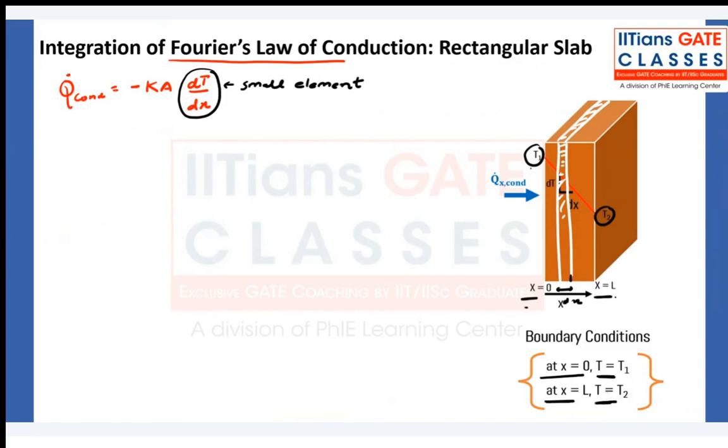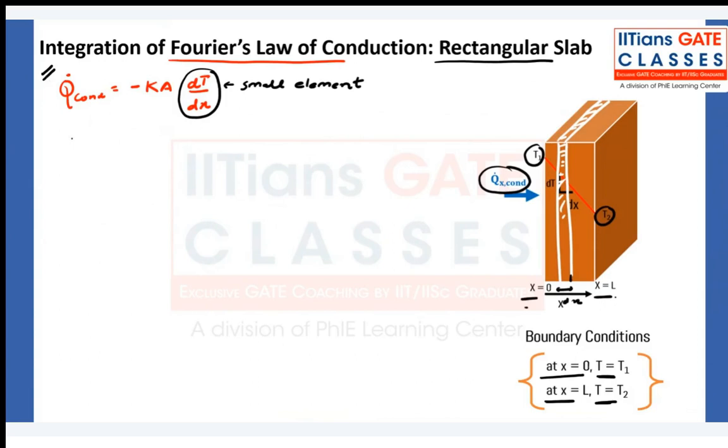To calculate the total heat transfer in this rectangular slab, we know that for a small element it is given by this. Now we need to integrate it using the boundary conditions to find the total heat transfer.